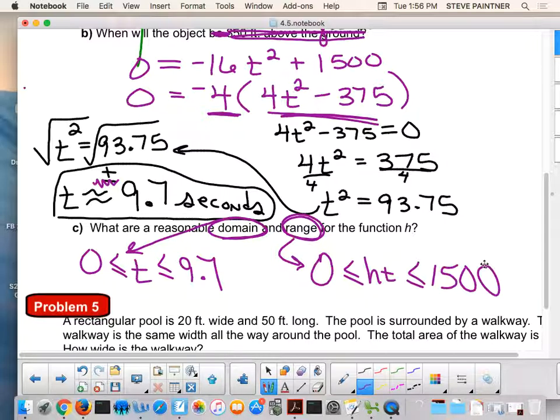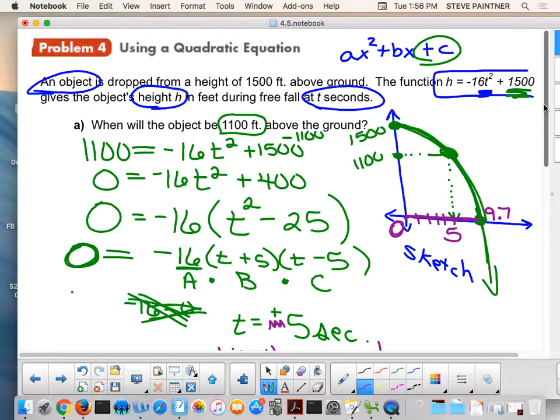That little sketch I made helps me when I do a problem because I can go back and look at the ball and I can go, oh, there's the domain, the x's, and here's the range, the y's. 0 to 1500, 0 to 9.7. It helps me. I don't know. Does it help you? I'm not making you do this, but this is kind of nice to see the parabola, right? Even with your eyes closed, you can probably see the parabola.